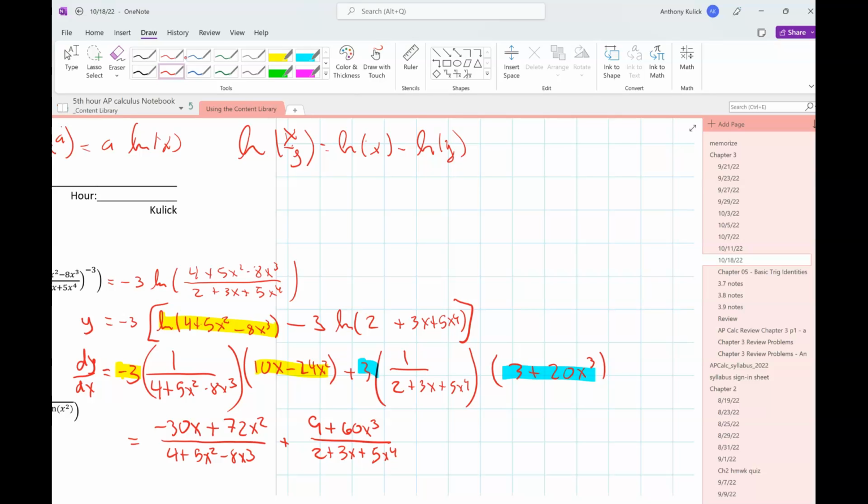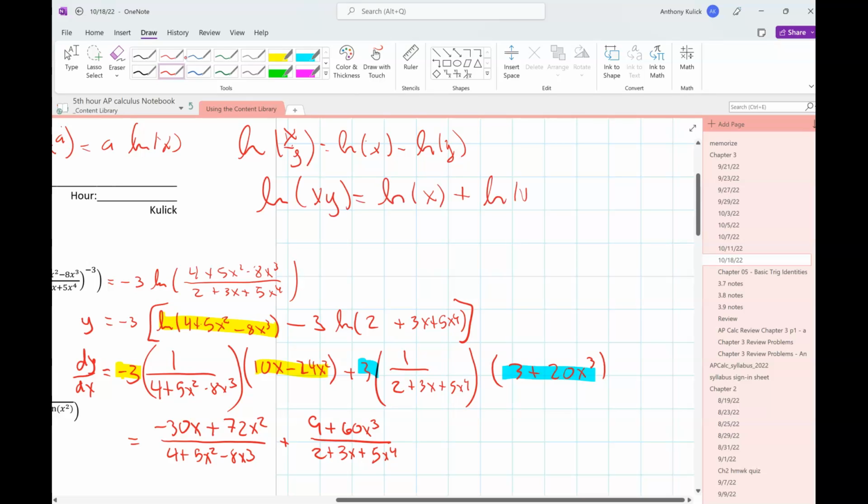For the logarithms, these are dividing, so we make them subtract. If it's two things multiplied, that's the other property of logs. So those are your three properties of logs, and you can use those, if you want, to make a problem like this a little bit easier.